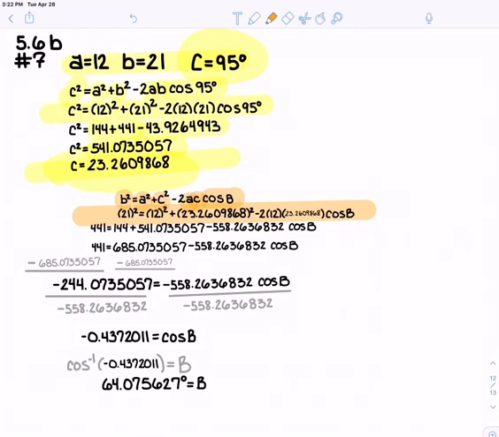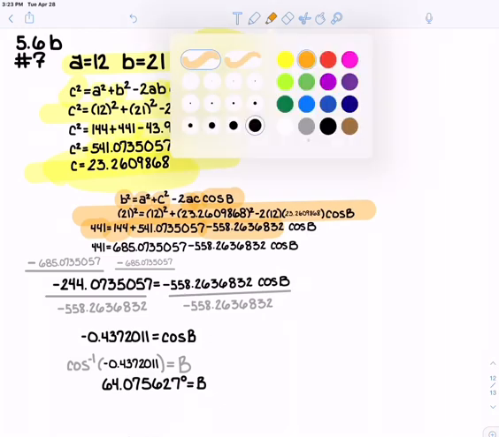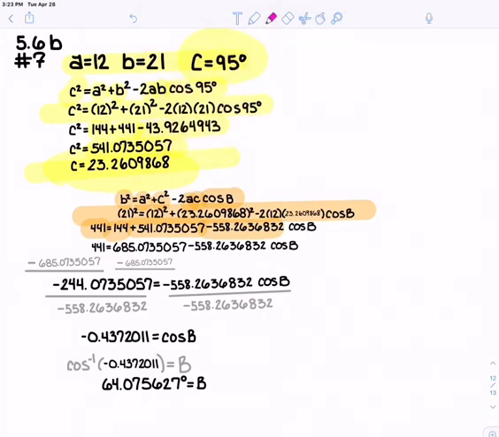So 21 squared is 441, 12 squared is 144, 23.2609868 squared is this number here. Negative 2 times 12 times 23.2609868 is this number here. Next, I'm going to combine these two numbers.